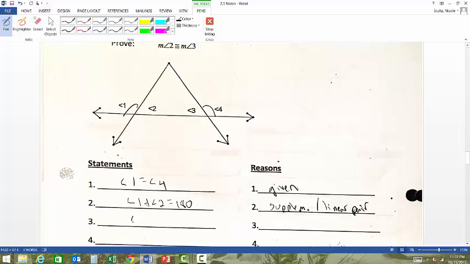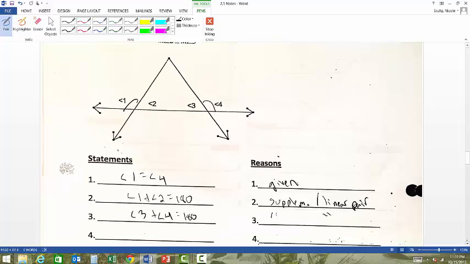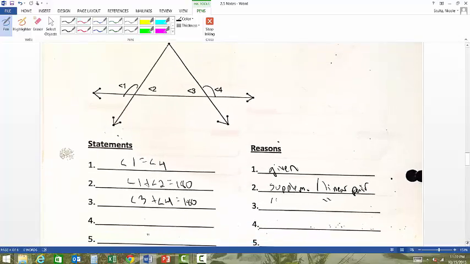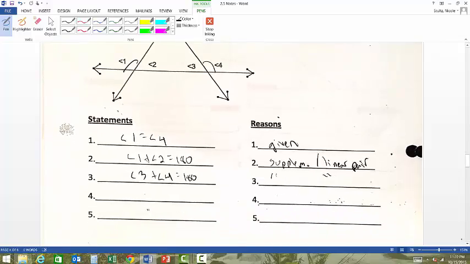And the same thing with angle 3 and 4. And just like we did before, we're going to plug in this group for 180. And we'll have angle 1 plus angle 2 equals angle 3 plus angle 4 by substitution property.